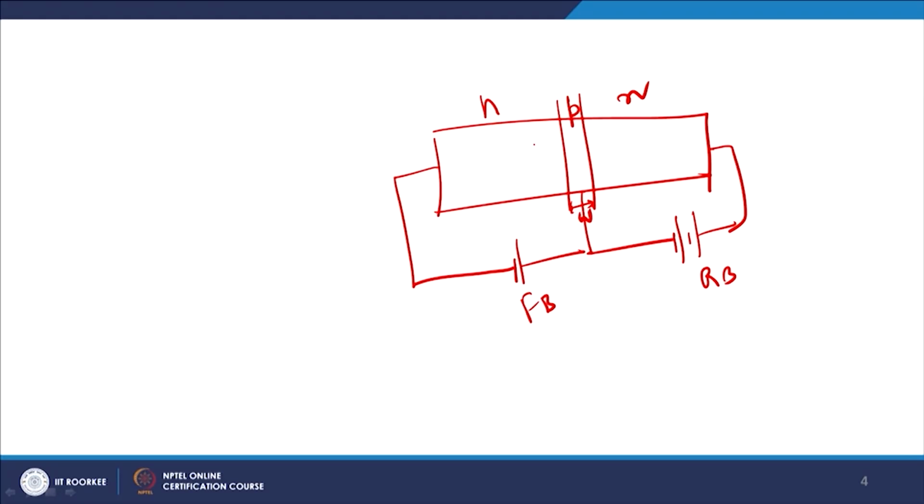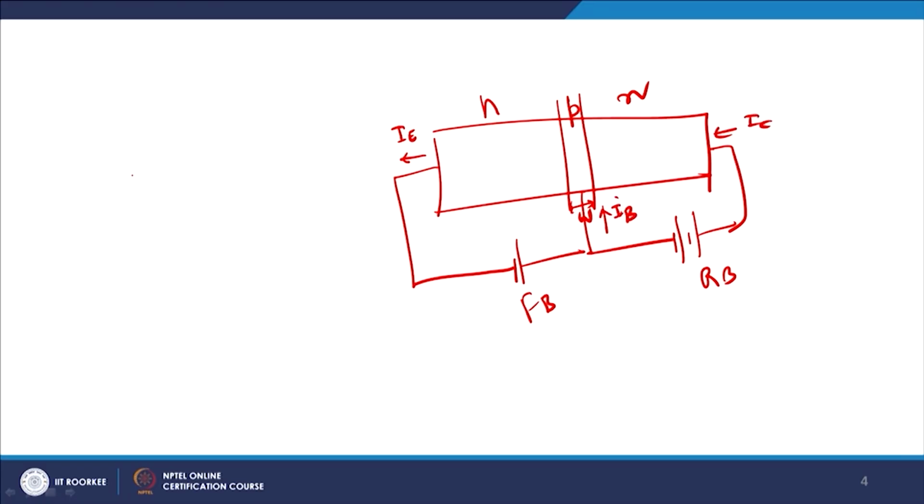of the base region, which is oppositely biased, as an NPN region. Now, if you look carefully, so it is an NPN. So, if the emitter current is IE, this will be IB, and this will be IC.